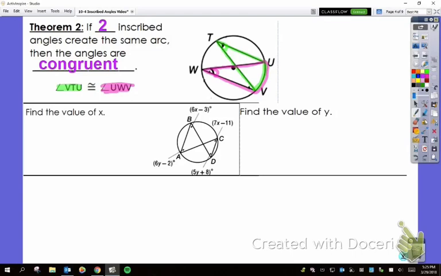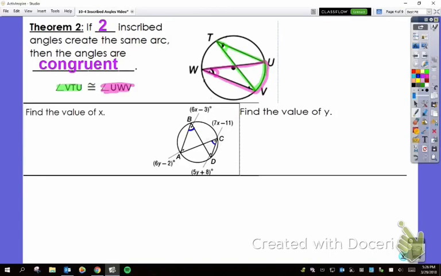So if we look at the example on the inside, they ask us to find the value of x, and the second part is to find the value of y. The first thing we look at is where our x angles are. Here's an x angle, and here's an x angle.